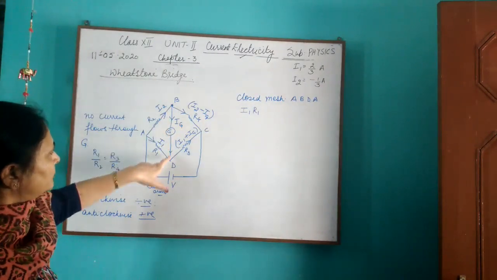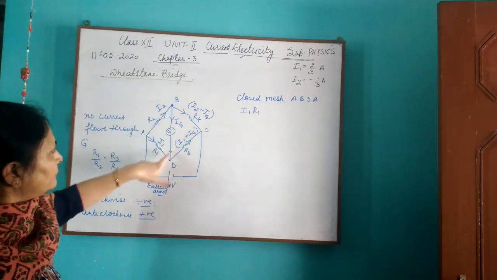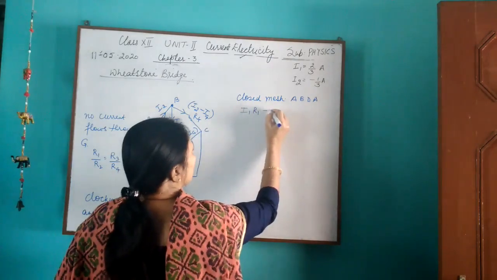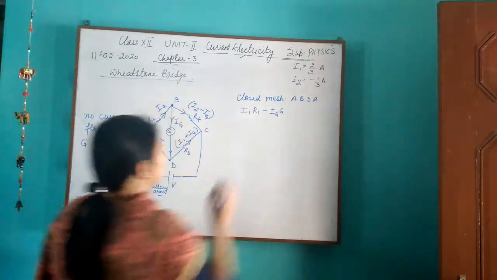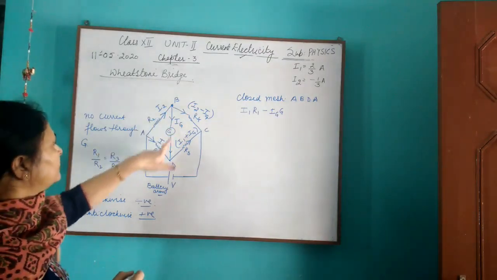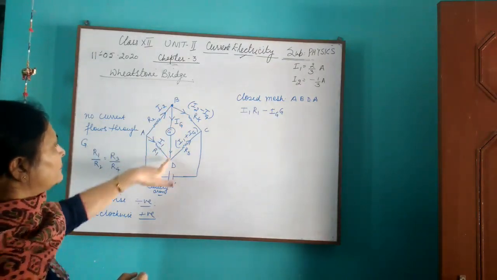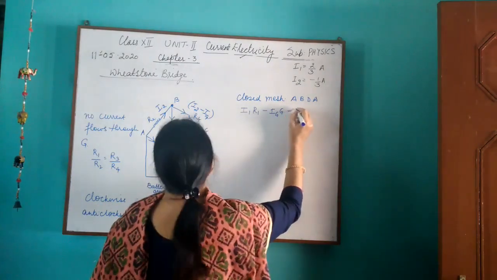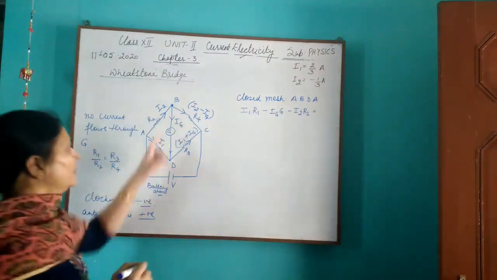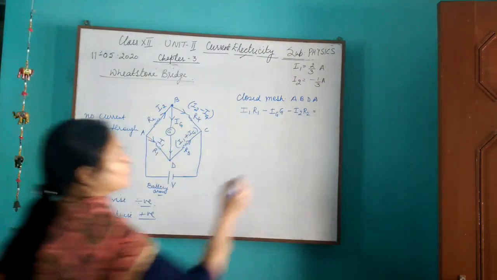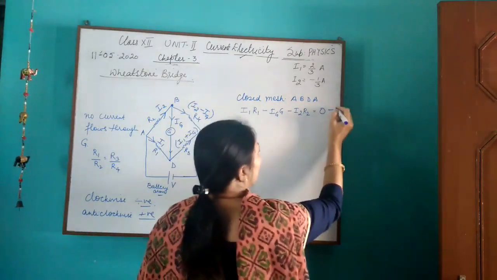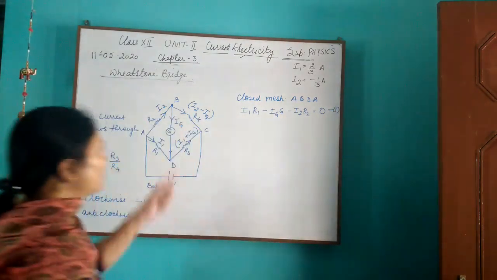Now it will go like this, so this is clockwise: minus IG G. Third branch, it is going again clockwise: minus I2 R2 is equal to, there is no source of EMF, 0. This is my equation number 1.